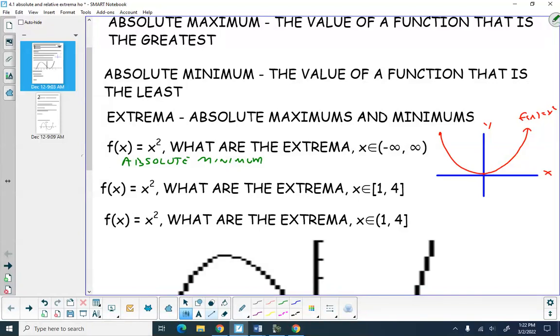So if I look at all my values of x in my domain, my extrema is a function value. Okay, it is a function value. What is the smallest value that our function could obtain by putting in any value of x in my domain? Well, we're looking at our y values. Our y values are our function values. What is the smallest y value we can obtain?